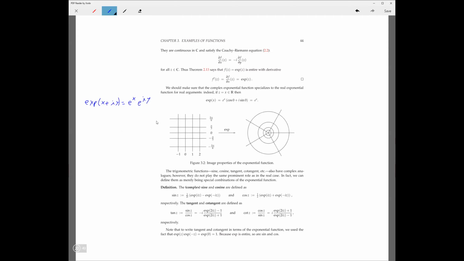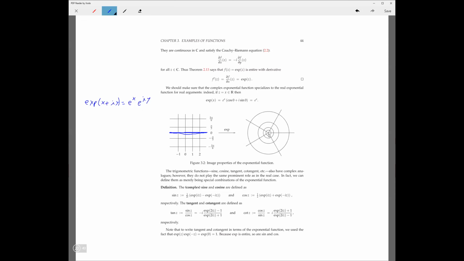Let's start here on 0. If you're on the real numbers, the line where there's no imaginary part, so the y's are 0, then you just have e to the x.